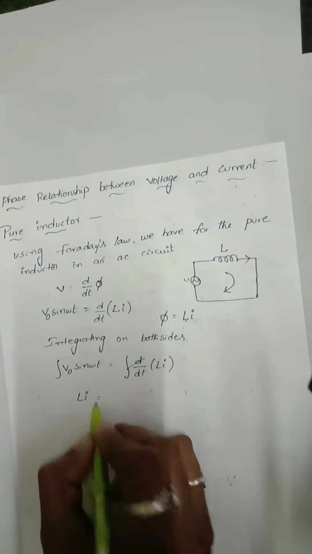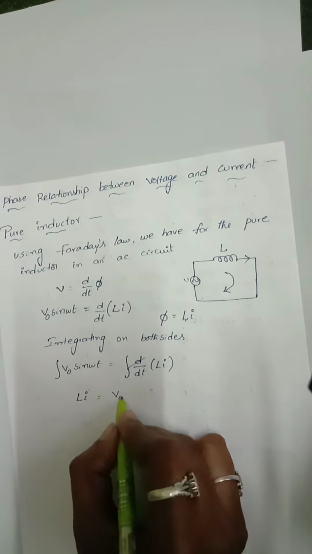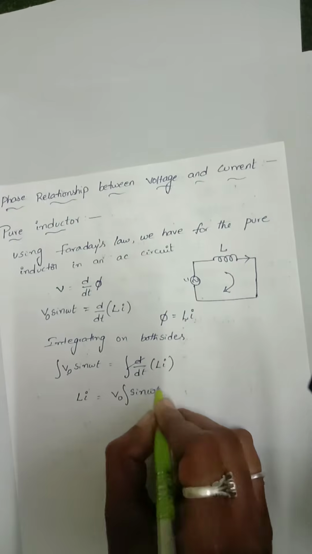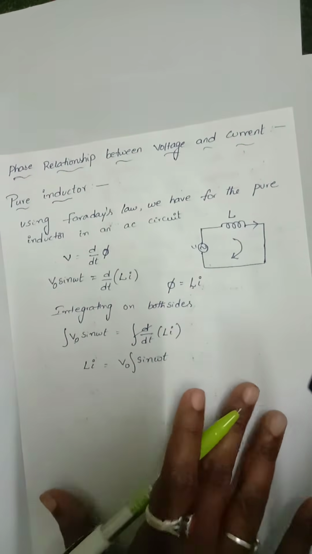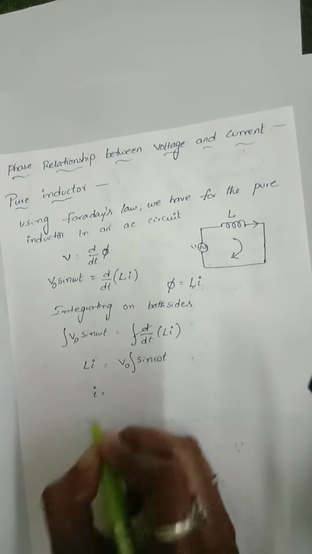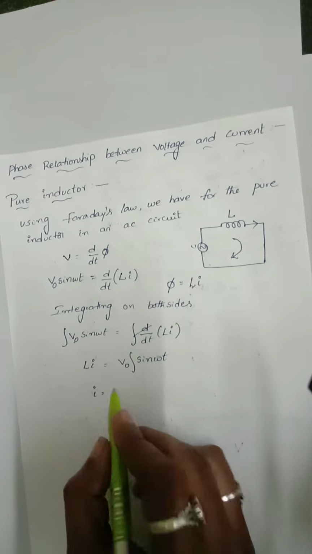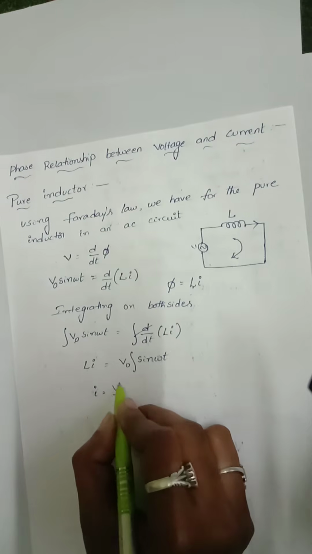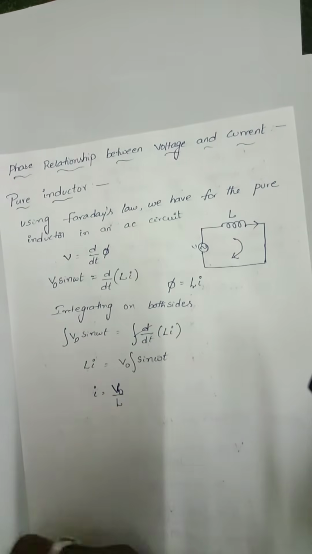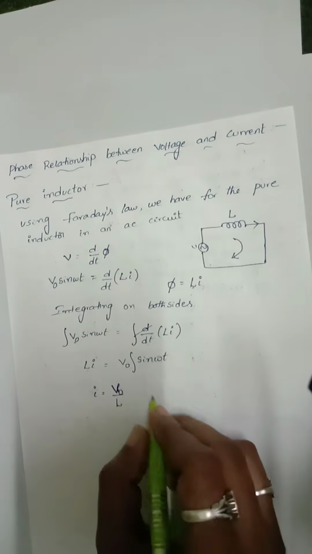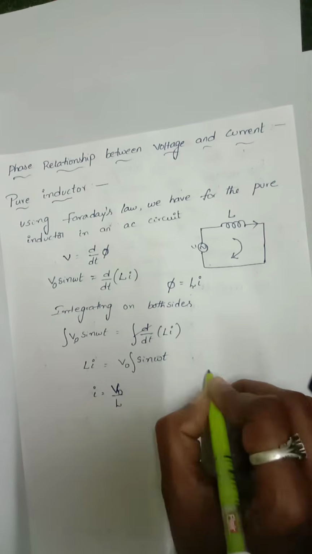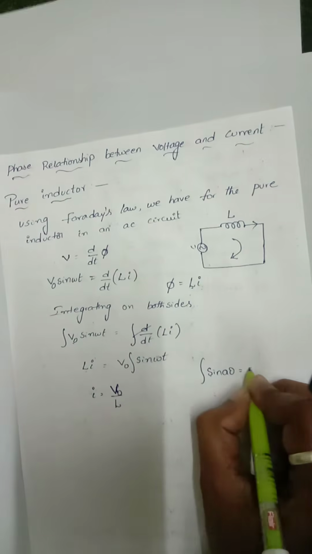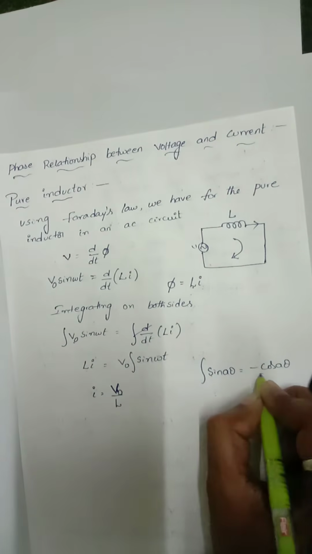L into I is equal to V naught, taken as constant, integral of sin omega t. I is equal to 1 by L on the right-hand side, V naught by L, integral of sin a theta is equal to minus cos a theta by a.